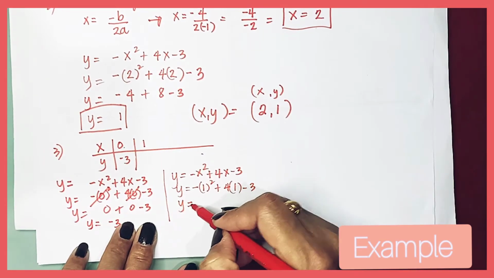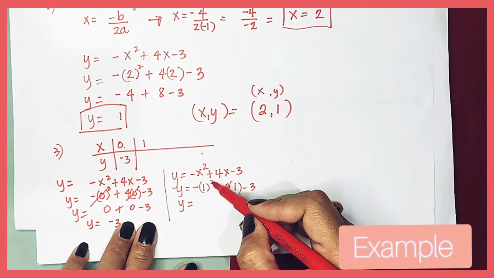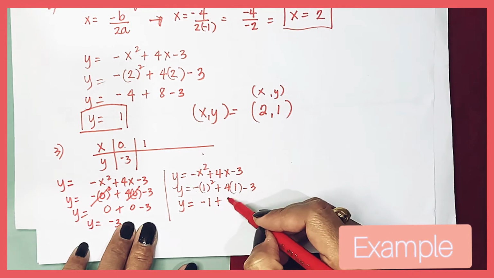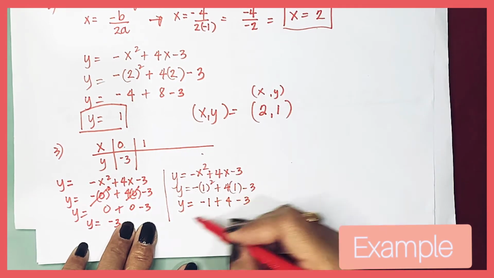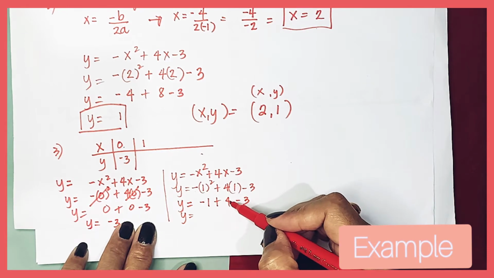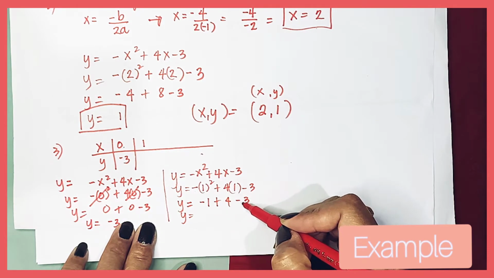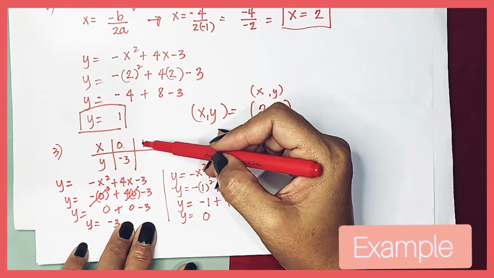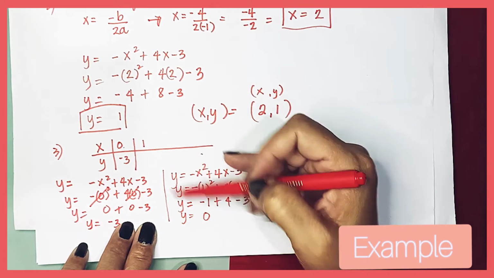So your value of y is 1 squared is 1 times negative, that's negative 1, plus 4 minus 3. Negative 1 plus 4 is positive 3, minus 3 is 0. So if your x is 1, then your y is equal to 0.